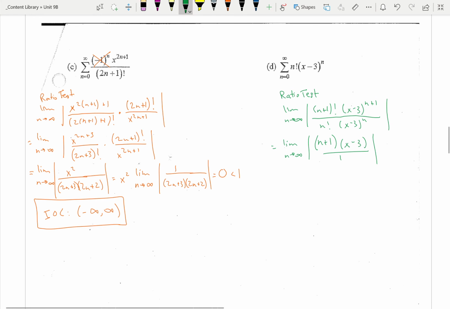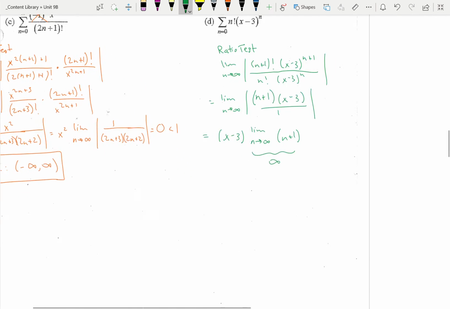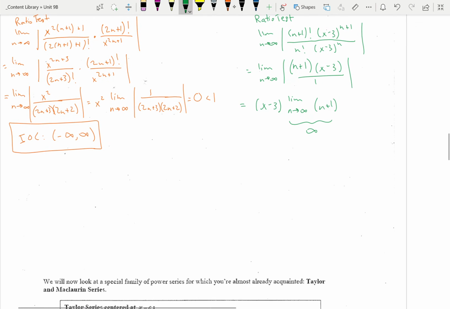So if you want to factor out the x minus 3, sure, have fun. And then we just ask what happens, no matter what we pick for x, what happens to the limit as n approaches infinity of n plus 1? Well, this thing is equal to infinity. So the only time we're going to get any sort of convergence is when x equals 3.